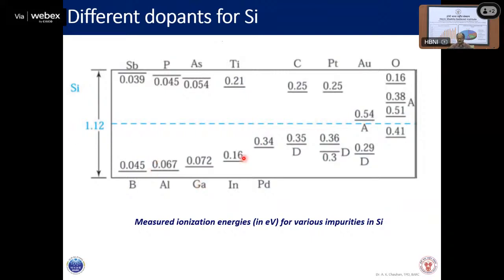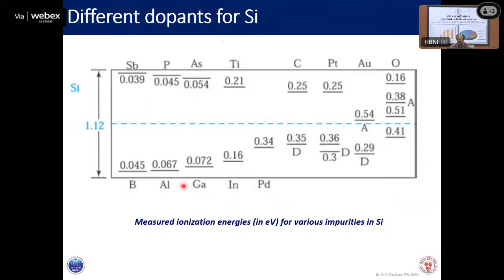In normal electronic devices, more than 95 percent, p-type doping is done by boron, and phosphorus is used for n-type doping. And you see the levels are exactly similar. It is 0.045 below the conduction band, and 0.045 above the valence band.